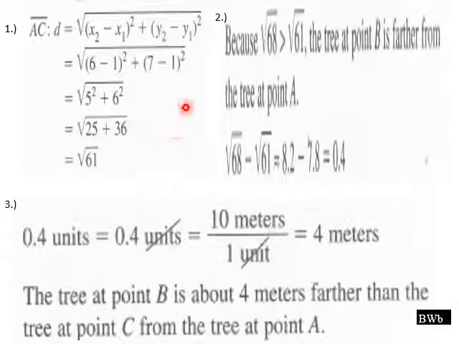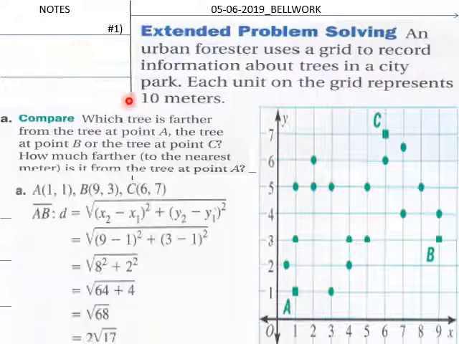Okay, here is the solution for our bell work today, because we got square root of 68 and square root of 61. Here is line AC. So here's point A, then point B and point C, and we put those into our distance formula.